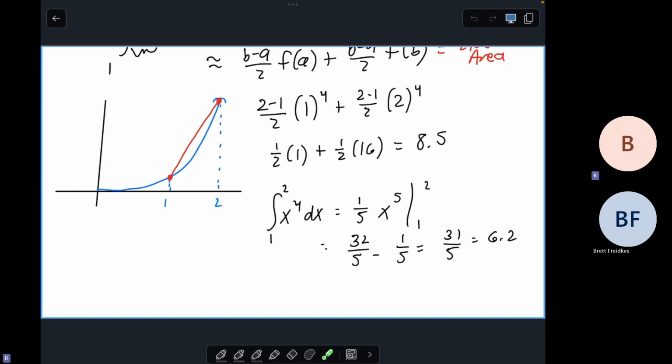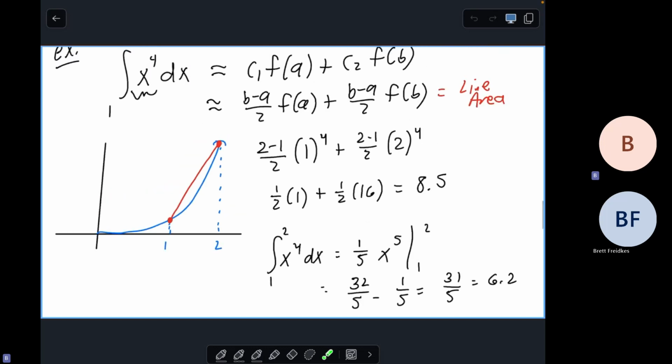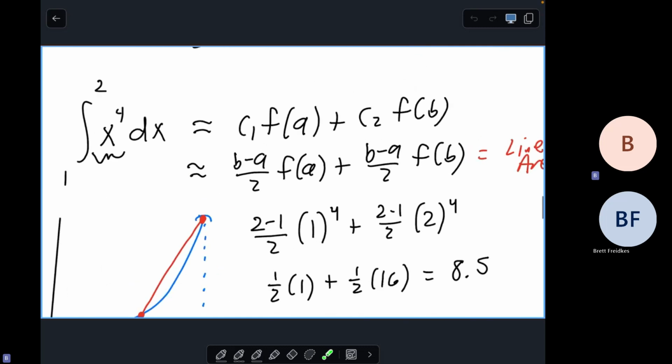Depending on how many rectangles you want, that'll basically dictate how difficult the problem is. For this example, I said to use a 2-rectangle quadrature rule, where I approximated x to the 4th as a linear polynomial.